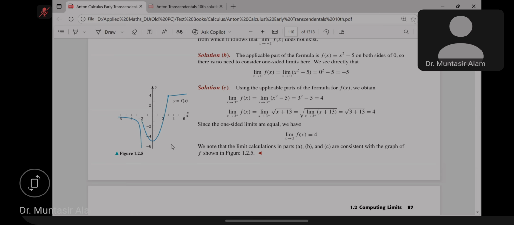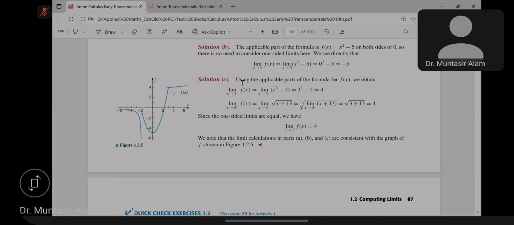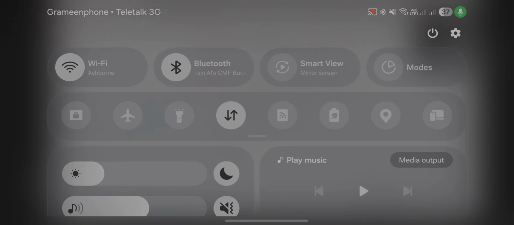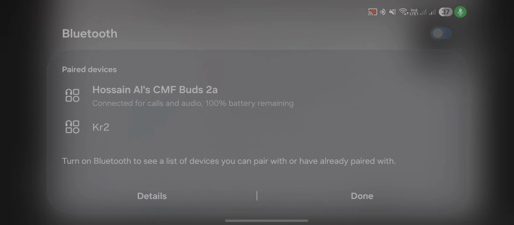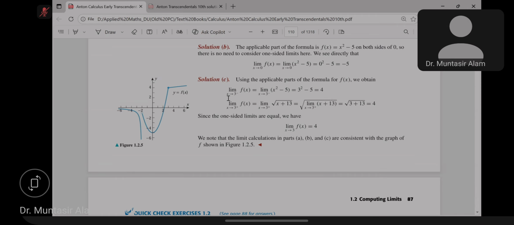Okay. For the third part, for the solution of part C, if we take the right hand limit or the left hand limit as x approaches 3, what should be the function we need to follow for that?